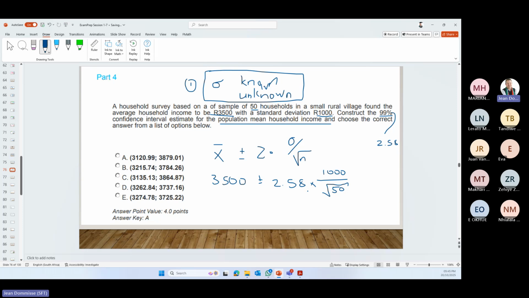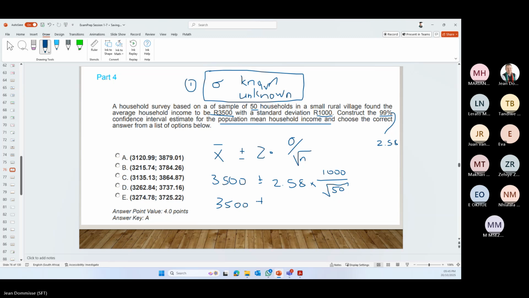So 1,000 divided by the square root of 50. I get 141.42. We're going to round it off to two decimals. So that times 2.58, rounding off to two decimals, 364.87.